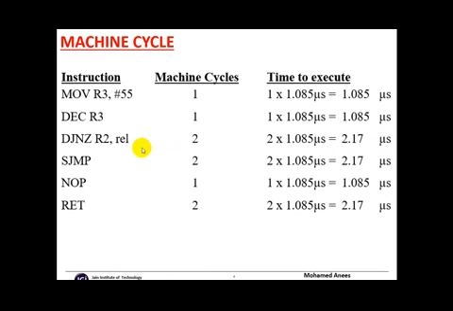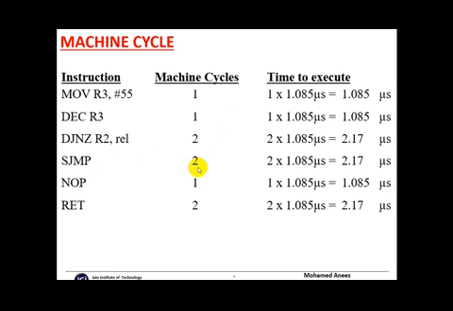As I told, it depends upon the complexity. For example, for decrement and jump on non-zero, it has to first decrement, then compare, then take a decision. To do all these activities, this instruction takes some time. That's why the time taken for this is 2 machine cycles.